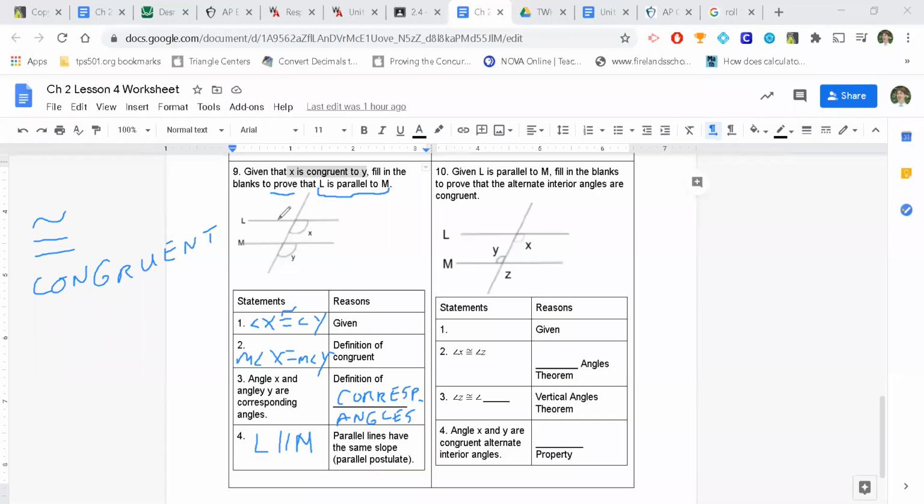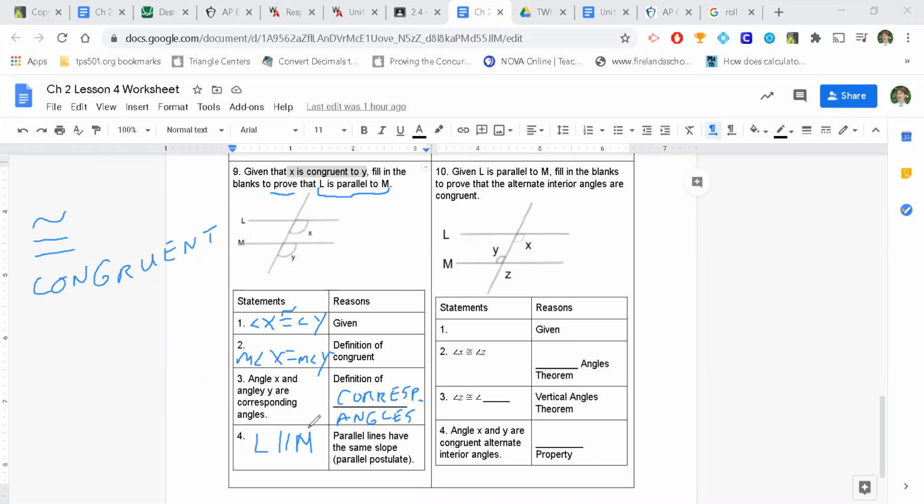That means these lines intersect this transversal at the same angle, which can only happen if they have the same slope according to the parallel postulate. So therefore, the lines are parallel.